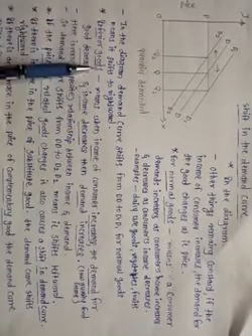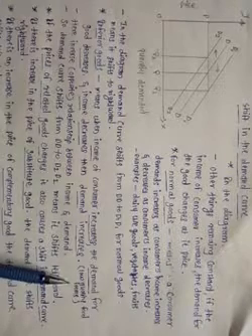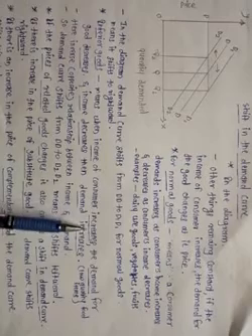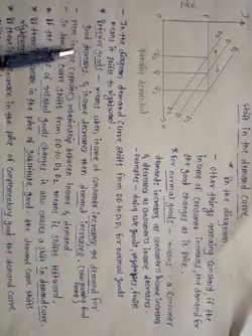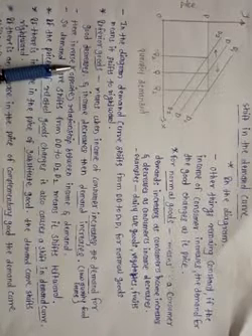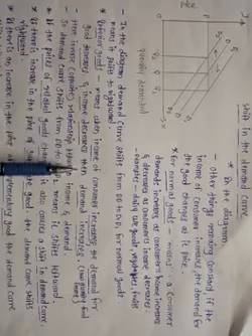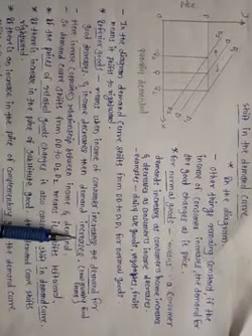Then for inferior goods, meaning low quality food items, when the income of the consumer increases, the demand for the good decreases, and when the income of the consumer decreases, the demand for the good increases.